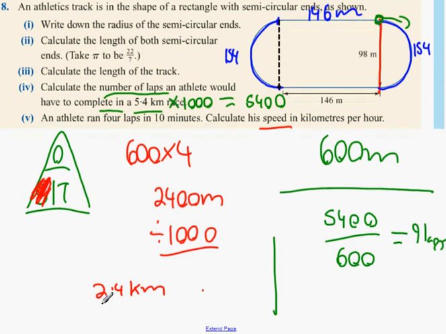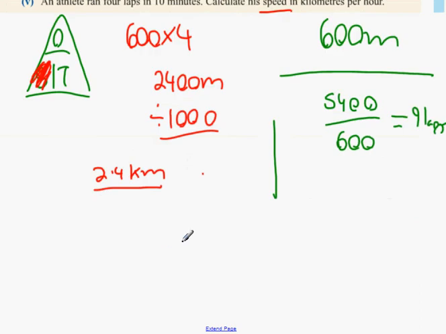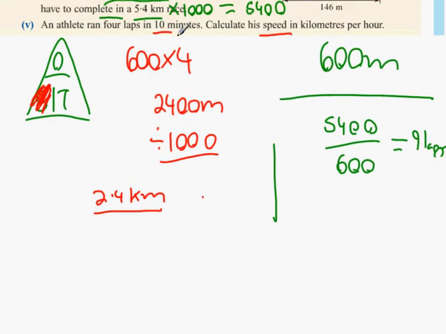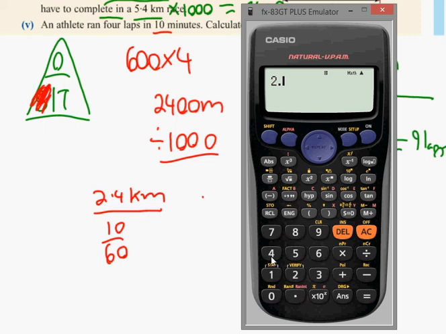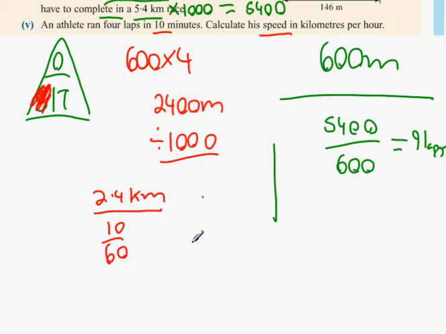Now, we want it in hours, but what fraction of an hour is 10 minutes? 1/6, or 10 out of 60. So you get your thing, you go 2.4 divided by 10 out of 60, and you get 14.4. He averaged running 14.4 kilometers an hour, which is actually quite fast.